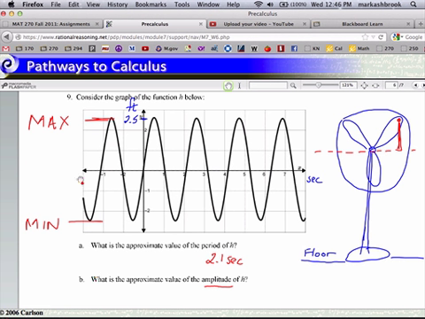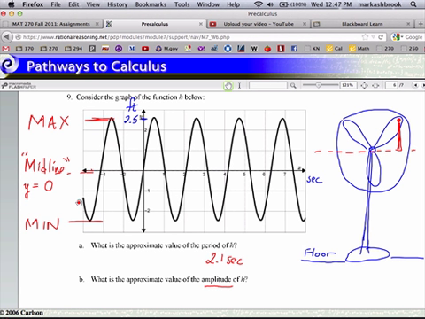Halfway between the max and the min, in this case our x-axis, but it's not always, is called the midline, or center line, but we'll go with midline. Right now, what equation defines the midline? In this case, y equals 0 is the midline.